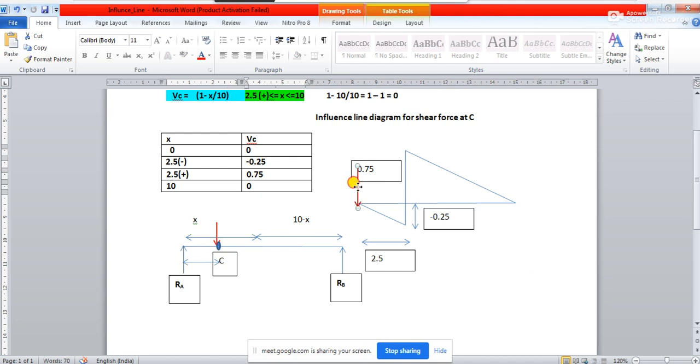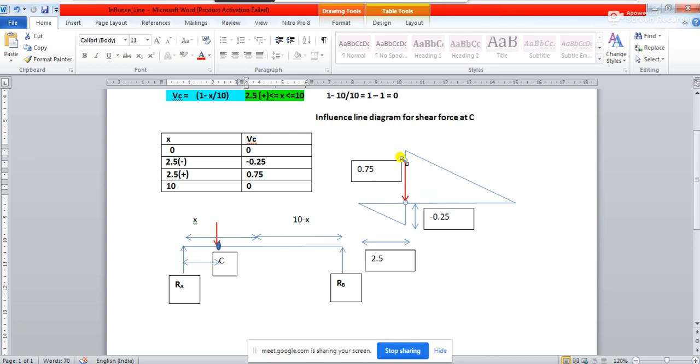If this load moves over this beam, then at every point of movement the load will come to the left of the beam, and then it will go to the right of the beam. When it reaches the right, you see this portion of your shear is positive, and this is actually your live shear.